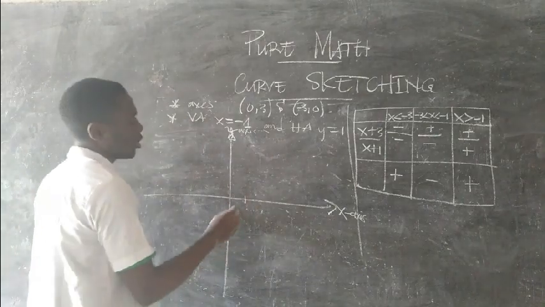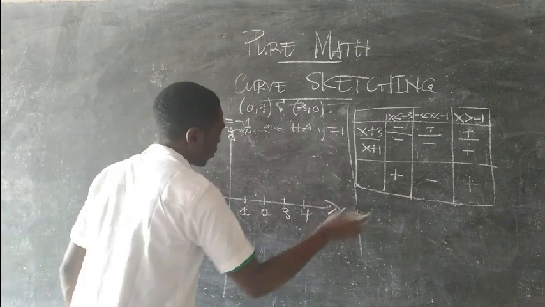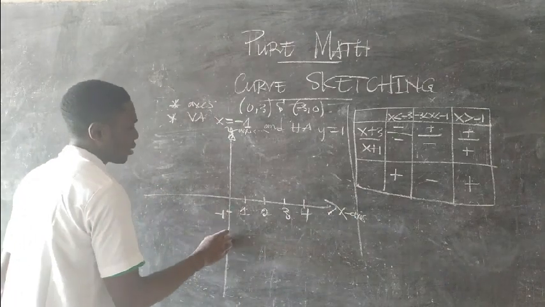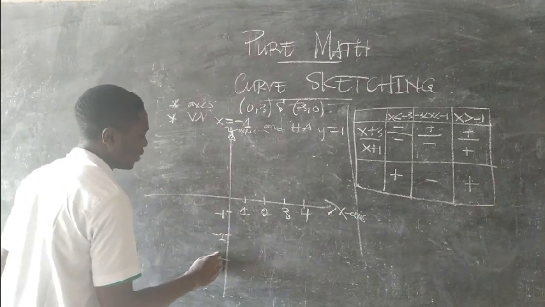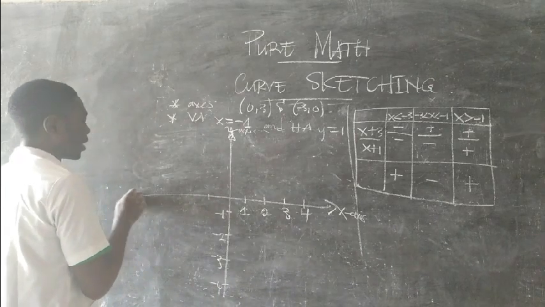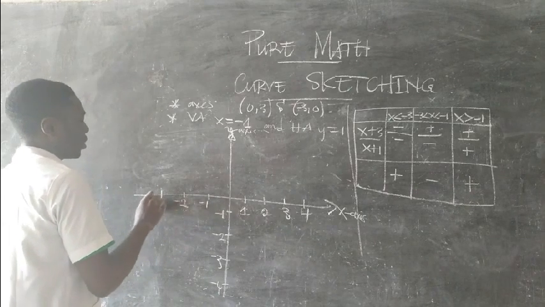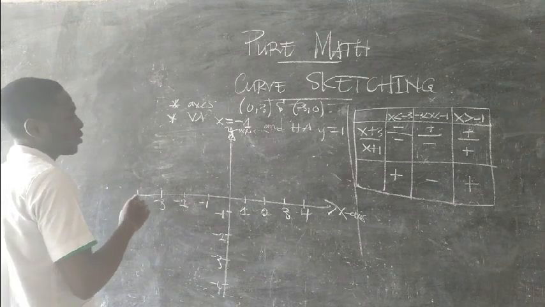I can number here from 1, 2, 3, 4, 5, negative 1, negative 2, negative 3, negative 4. Please, if you are sketching and you don't use graph paper, you can continue like this.